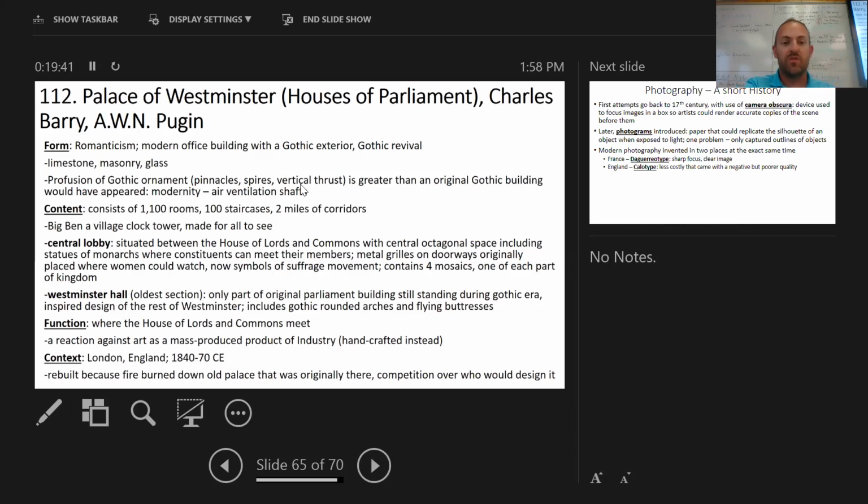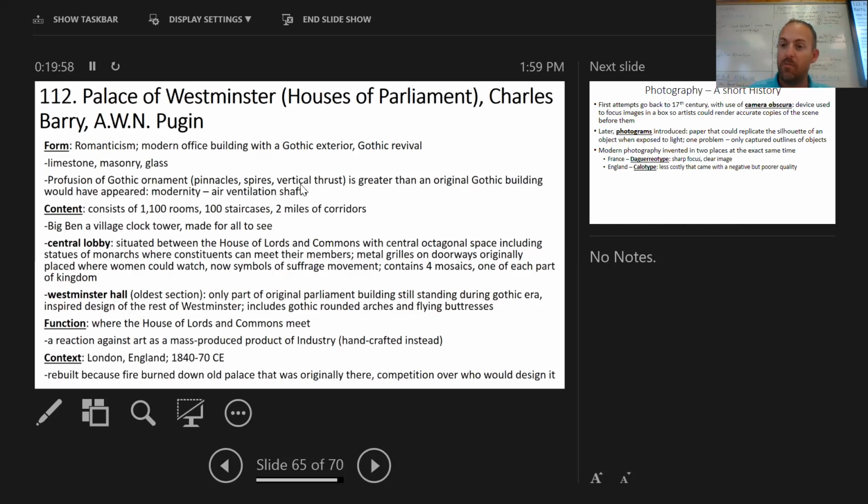You see this profusion of Gothic ornament too: the pinnacles, the spires, the vertical thrust. All of that is very typical of Gothic style, and all of that is greater than an original Gothic building would have had.